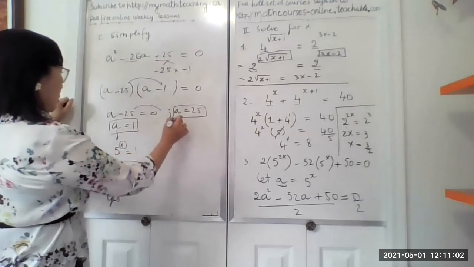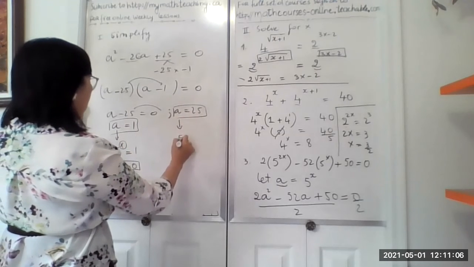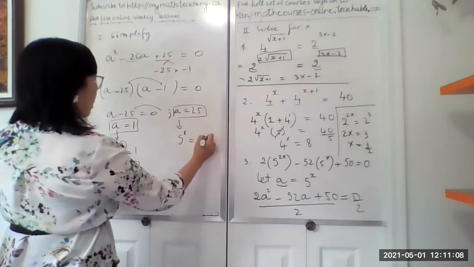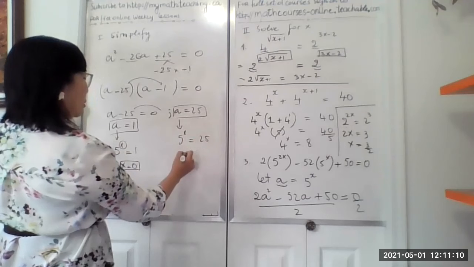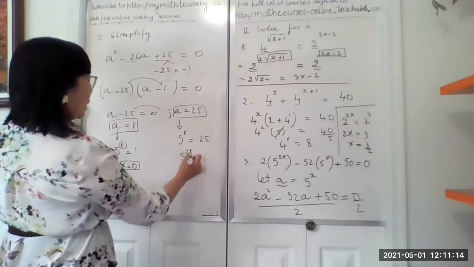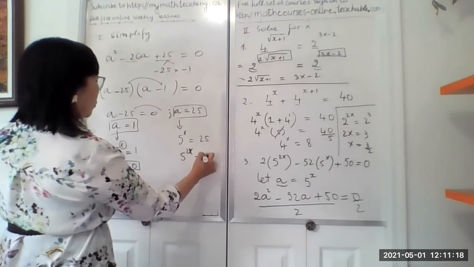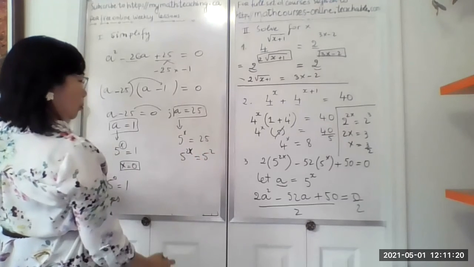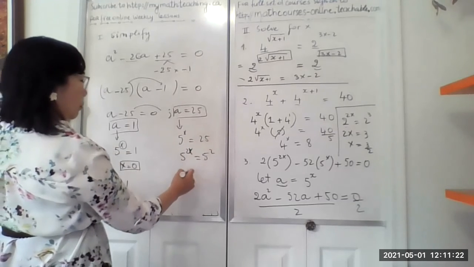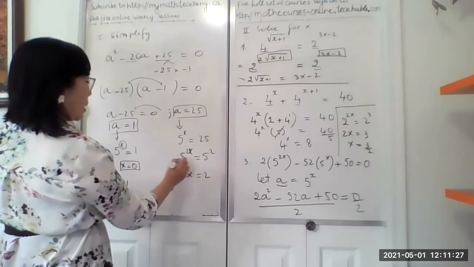The second answer is A equals 25. I substitute this with 5 to the power x again, equal to 25. So I'm going to change this to become 5 to the power 2, right? 25 is 5 squared. So x will be equal to 2 because the base is the same.